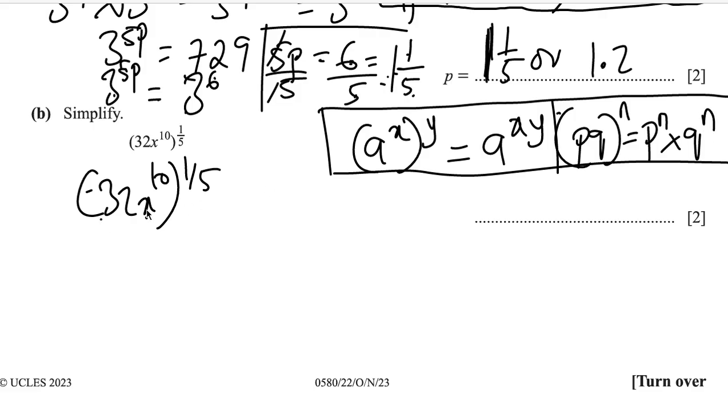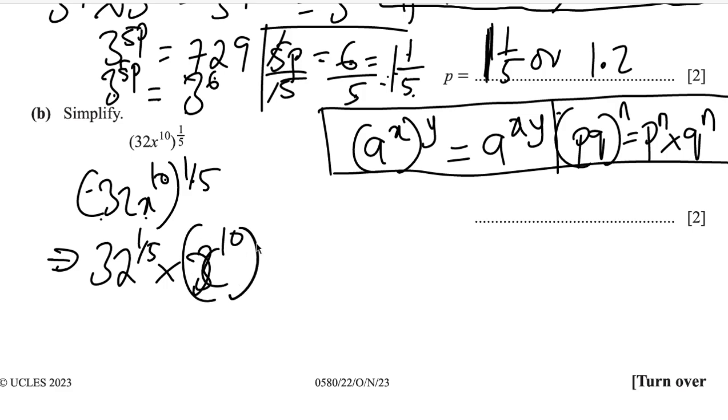So 32x to the 10 then to the 1/5 is equivalent to 32 to 1/5 multiplied by x to the 10 then to the 1/5, right? So what is 32 to 1 over 5? That leads to this law, right?